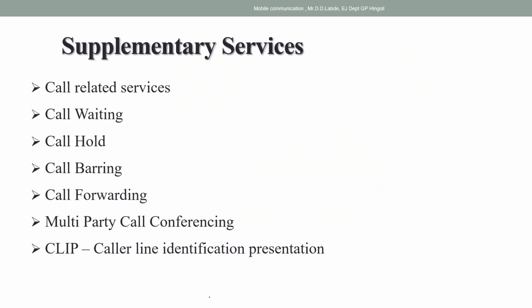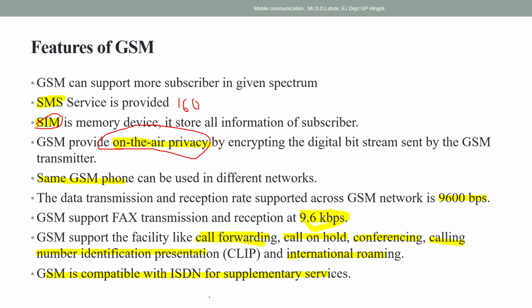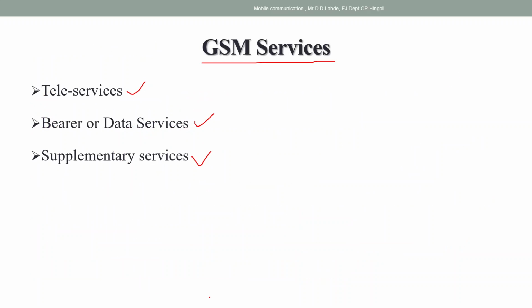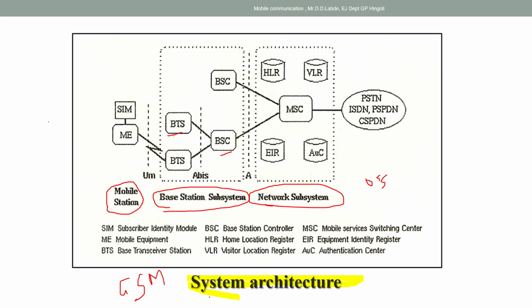In the last lecture we discussed GSM features and GSM services. Today we are going to discuss the GSM architecture. This is the detailed diagram of your GSM system architecture. In this diagram, your GSM system is categorized into 4 different categories.